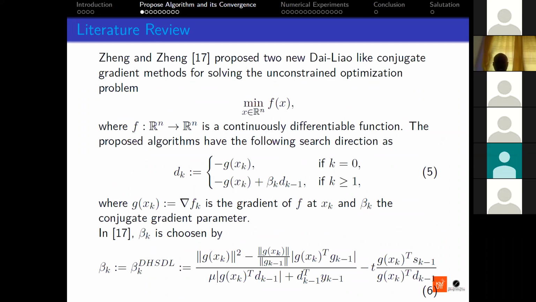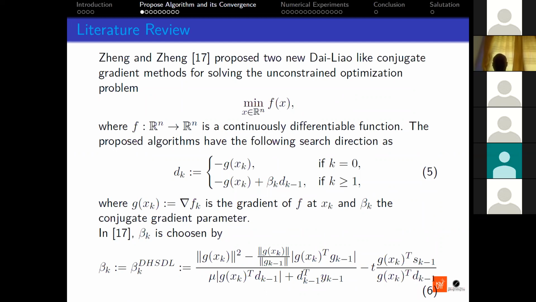And another thing, if you observe in the denominator of this beta k, the first term of this beta k given by 6, the second term of the denominator is dk minus 1 transpose yk minus 1. If we leave this as it is without changing yk to wk minus 1, just like Kropetse and Kylo did, we are not going to achieve the descent and boundedness property that we require.